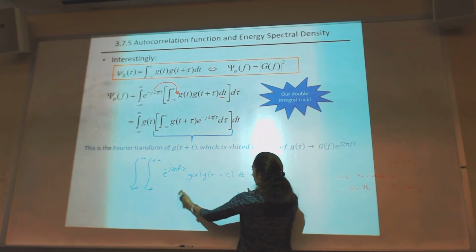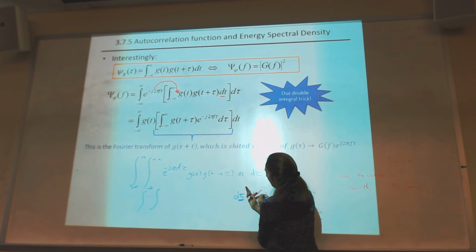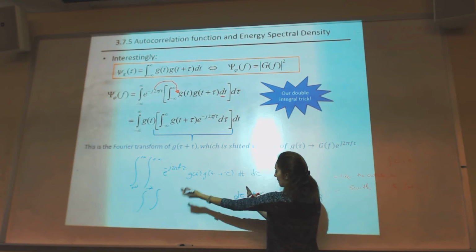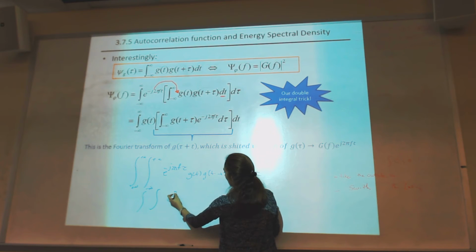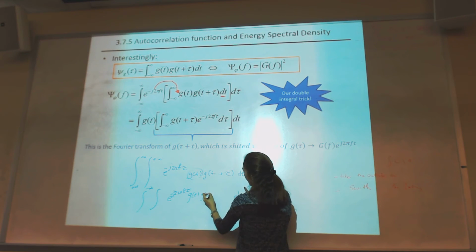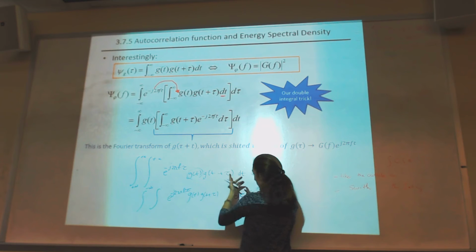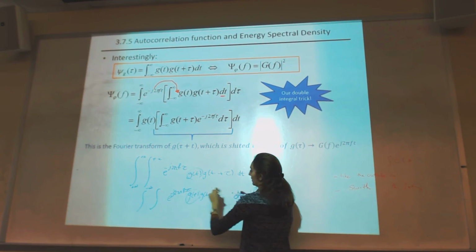Now I'm considering the integral, and I am in front of tau. So what else can I take out? g of t. Now g of t is not a function of tau. That's very interesting. First, I took this inside, I switched it, and now this is not a function of tau, so I can take it out.